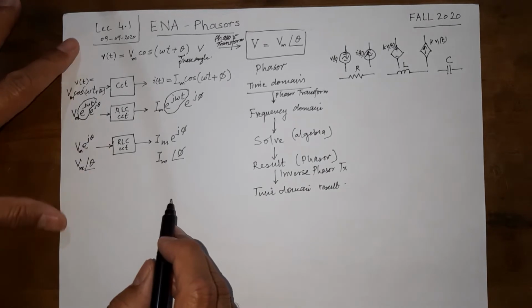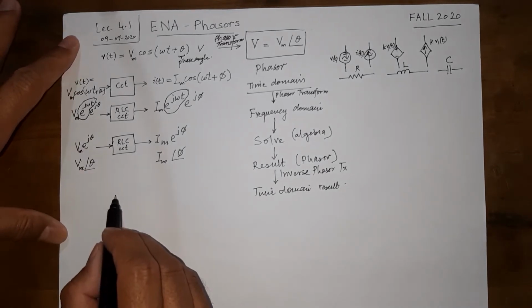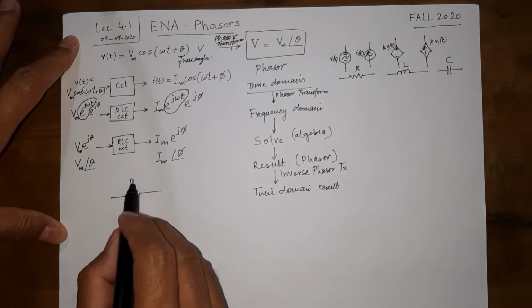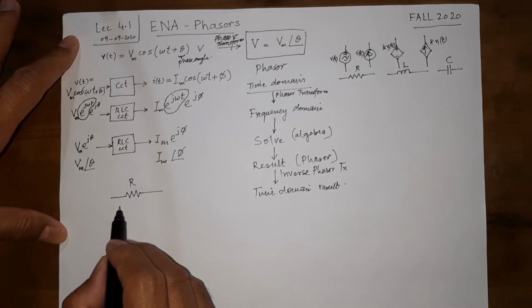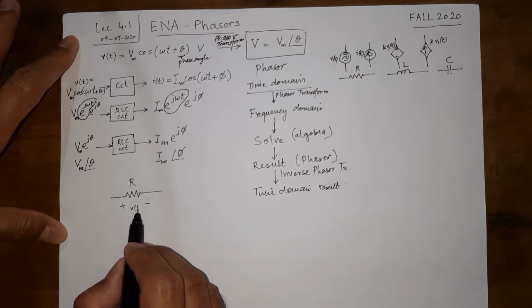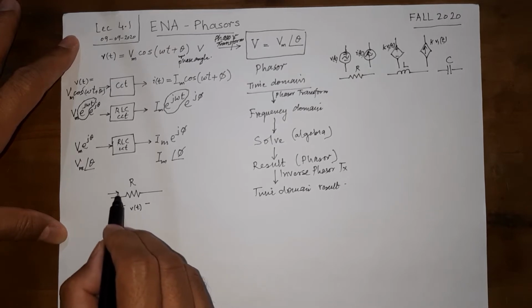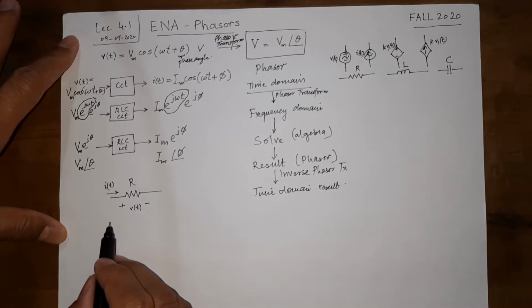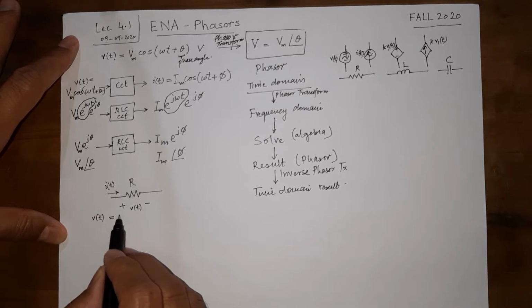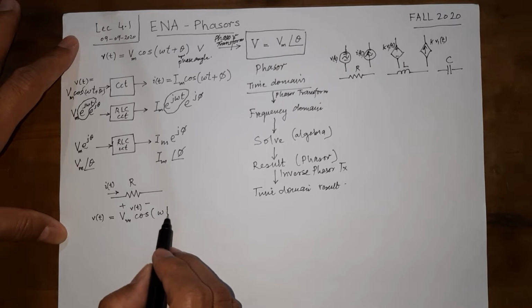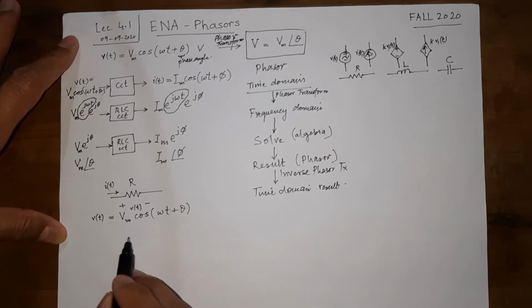So suppose we have a pure resistor R, and the voltage across it is sinusoidal, and the current through it is what we require. We know the voltage across it is Vm cos of omega t plus theta.